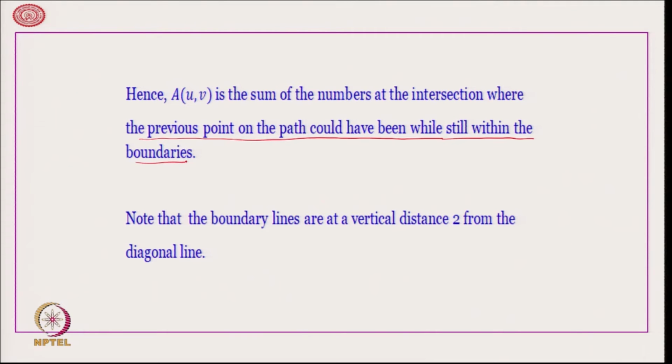Therefore, effectively as we have discussed, there are only 2 points from where we can reach a particular UV, and as I said, we have to add the number of ways of reaching those points in order to get the count of AUV.